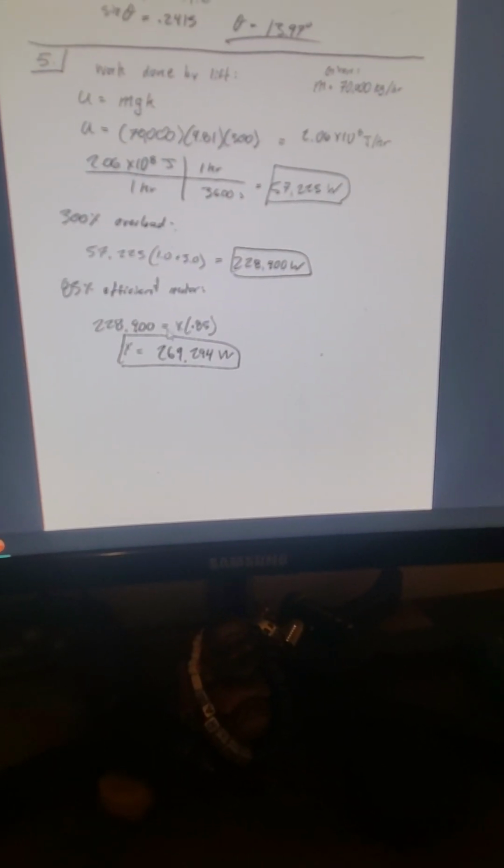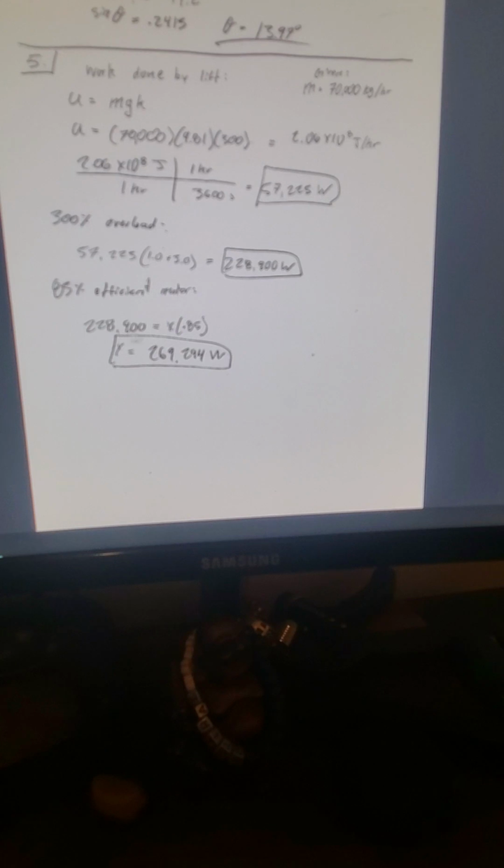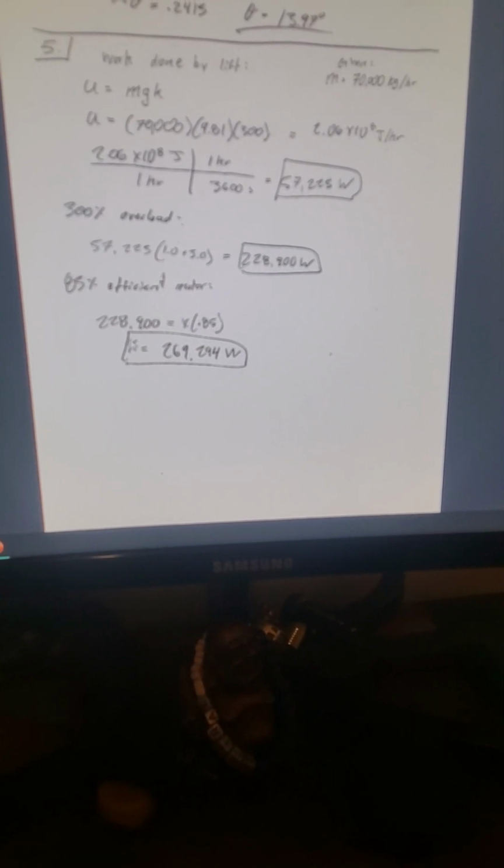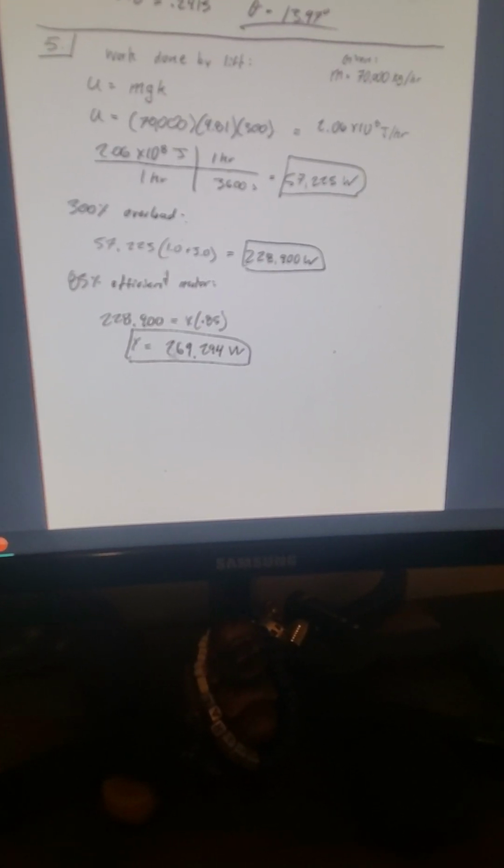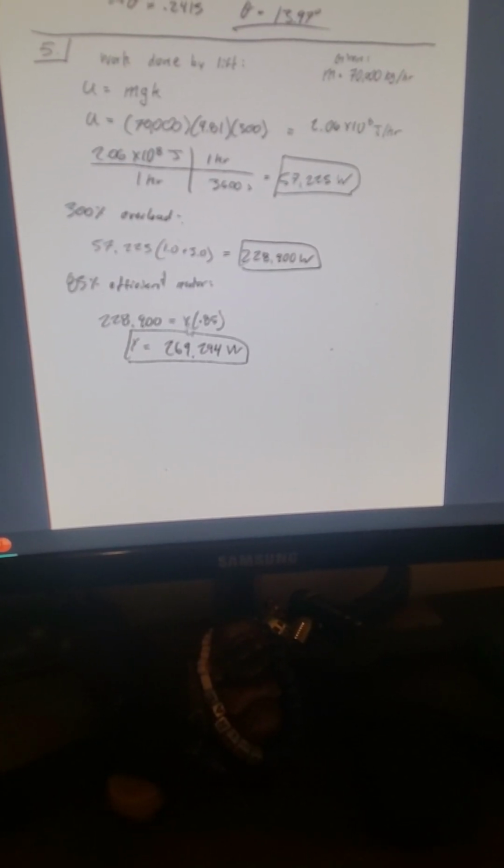So let me word it this way: the power going in equals 0.85 of the power actually going to moving the skiers up the hill. So you can just solve for that power, 269,000 watts or 269 kilowatts.